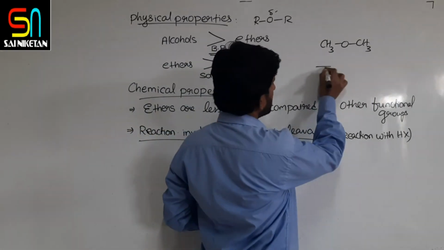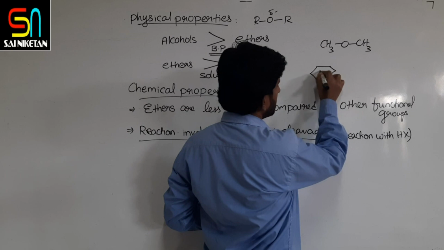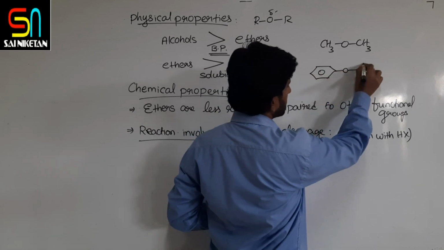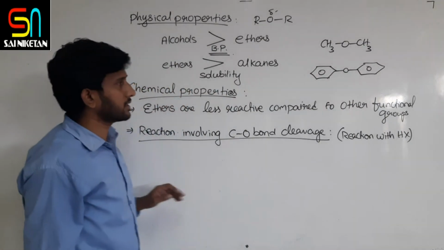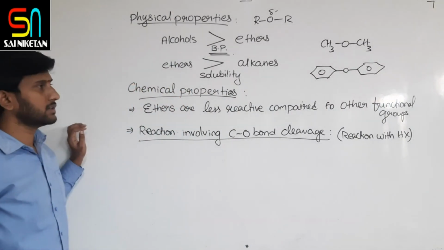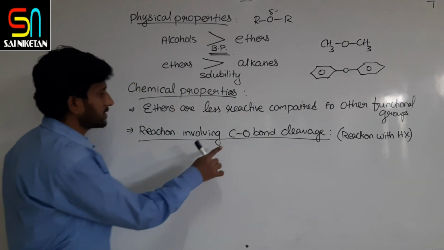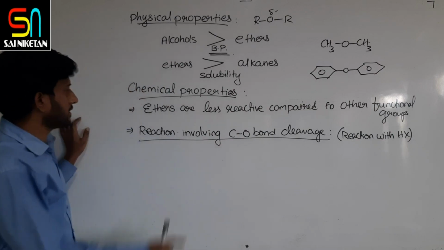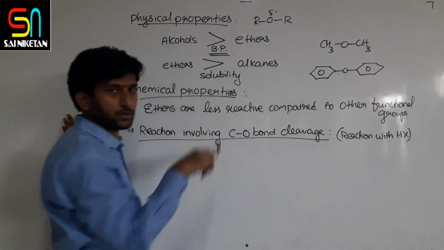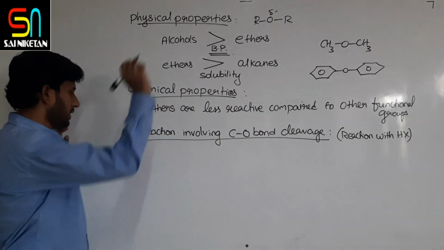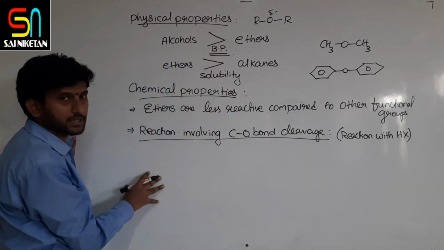Similarly, if you take any aryl ethers, there also the double bonded character you will get. So that's why, due to this C-O bond being stronger, ethers are a little bit less reactive relative to other functional groups. Now let us see reaction with HX.